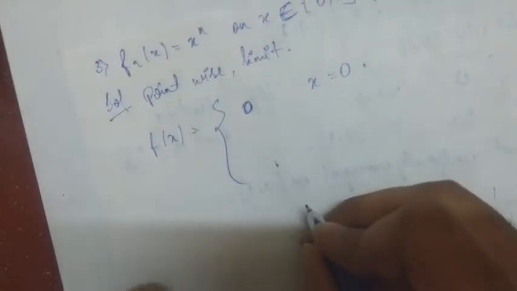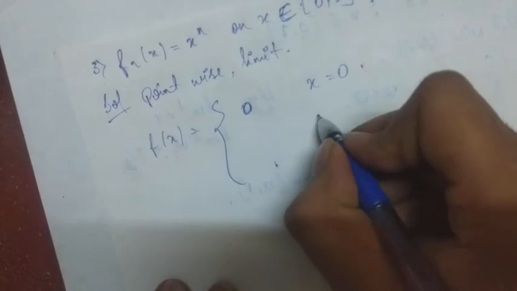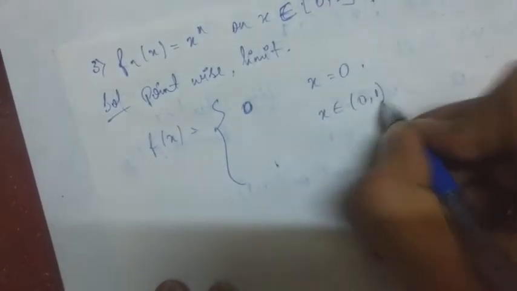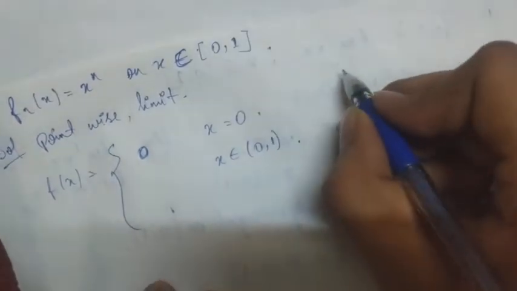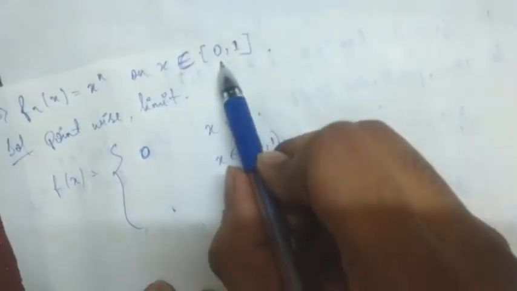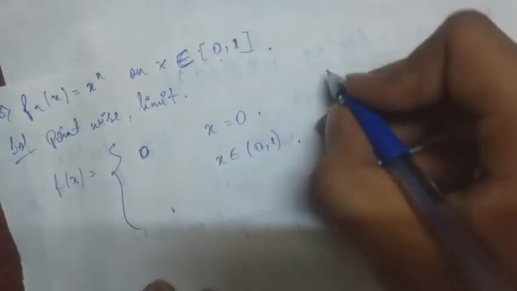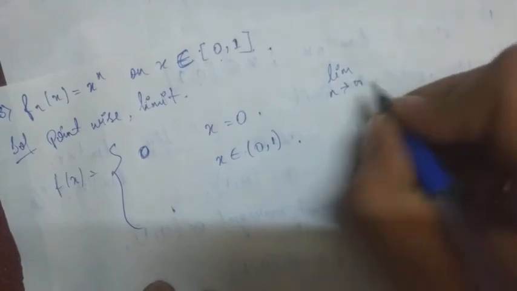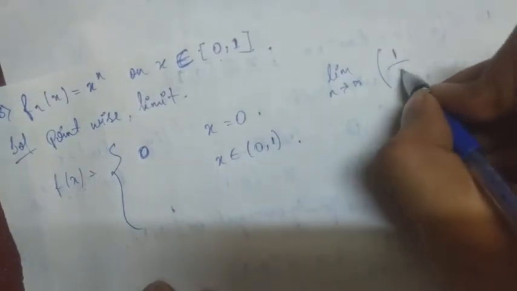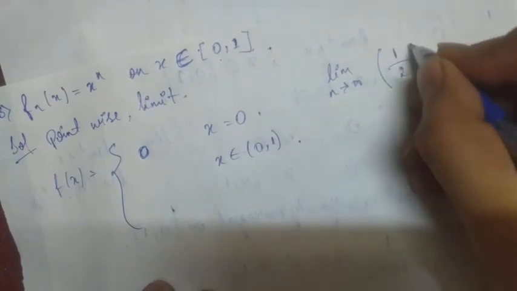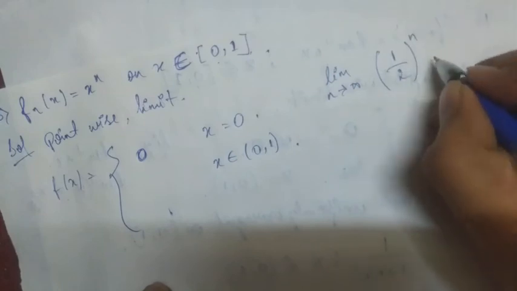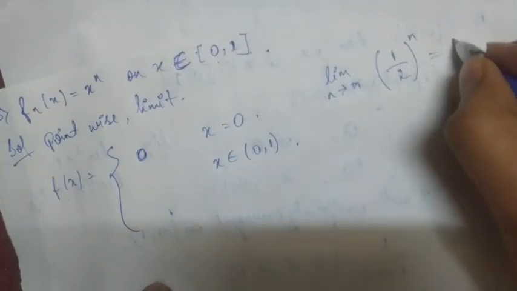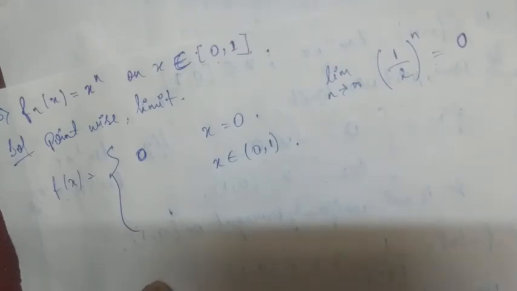For x between 0 and 1, we can take 1/2, 1/3, 1/4, anything. Taking 1/2 to the power n, as n tends to infinity, we get 0.